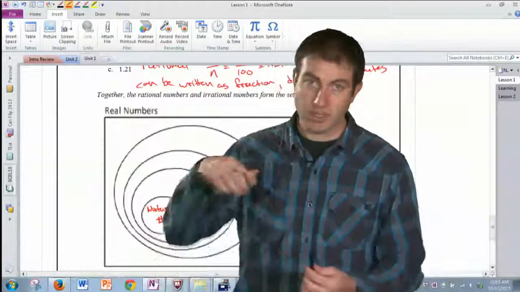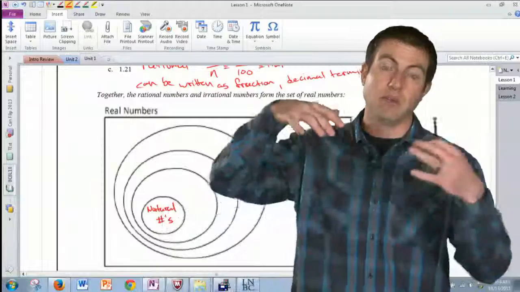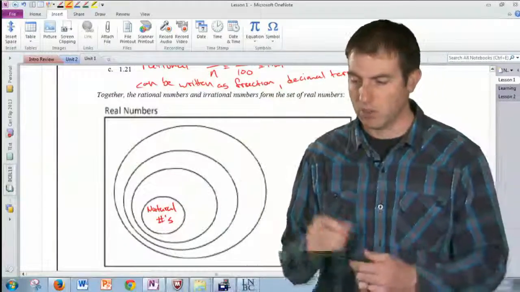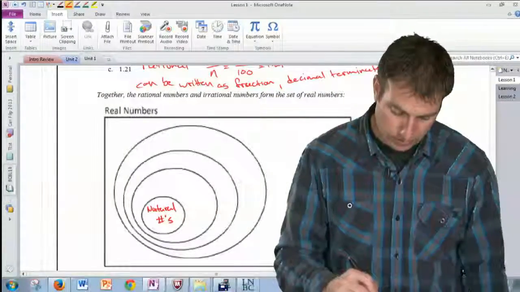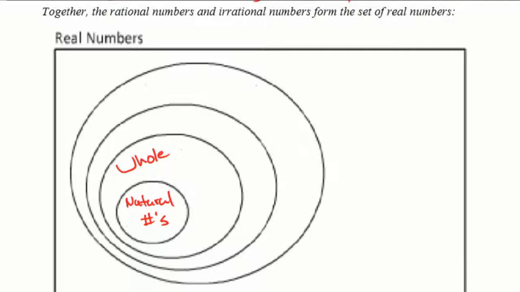So the next type of number that we talk about is whole numbers. So whole numbers include 0. And I'm just going to put on the outside of this whole little picture here, natural numbers exclude 0.